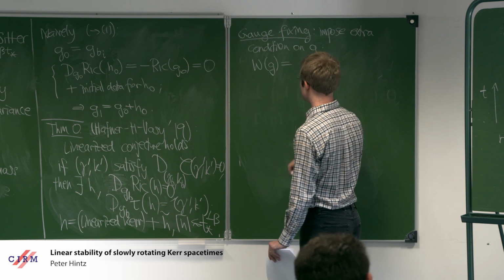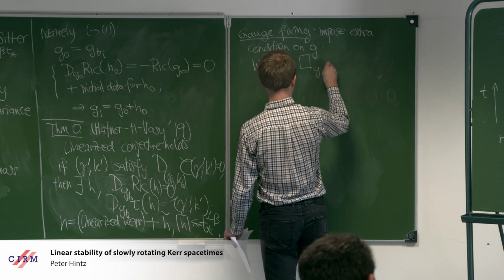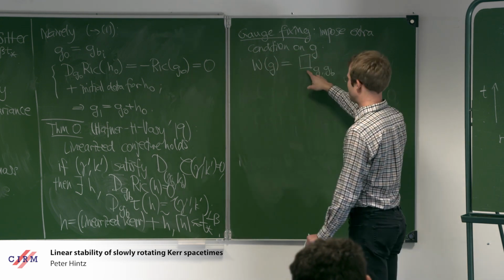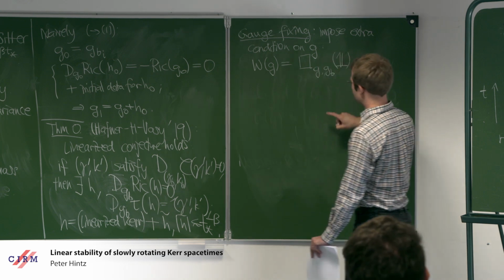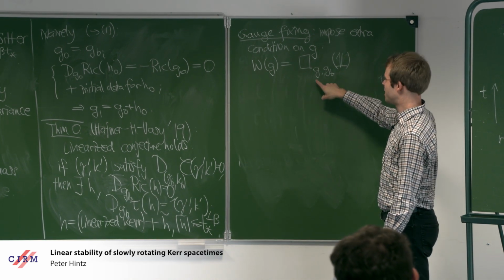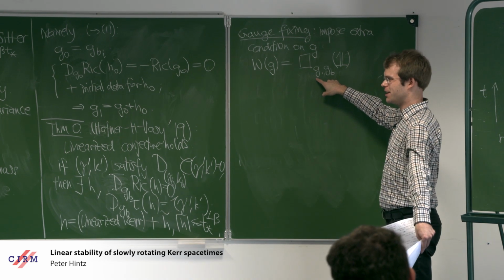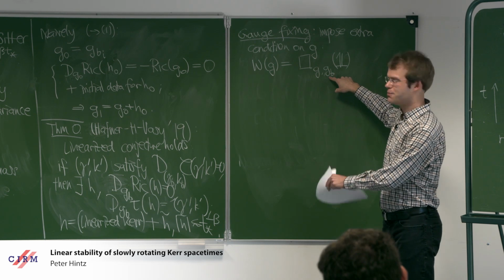So we define a one-form W of G, which you can take to be something like the wave map operator of the identity map. So you're just checking whether the identity map pointwise on your manifold M is a wave map when equipping the domain with the metric G you're looking for and the target with a fixed background metric.